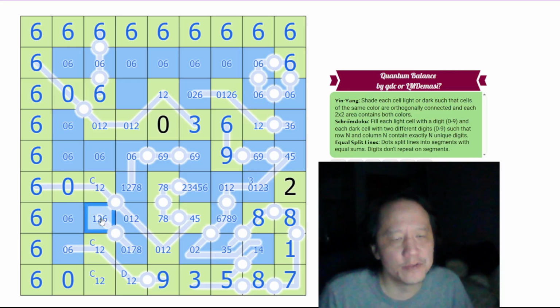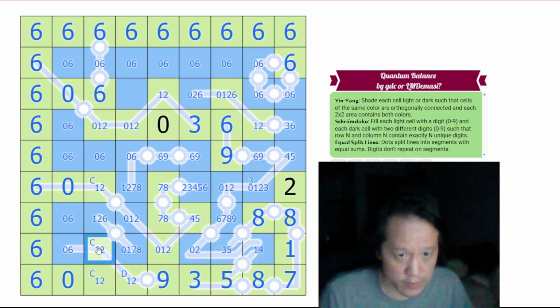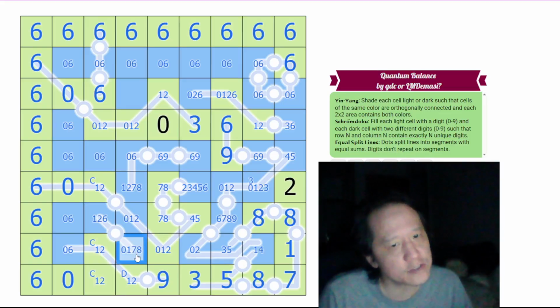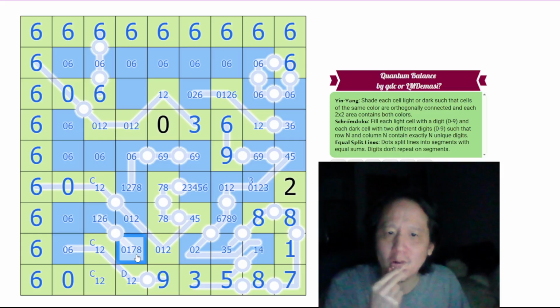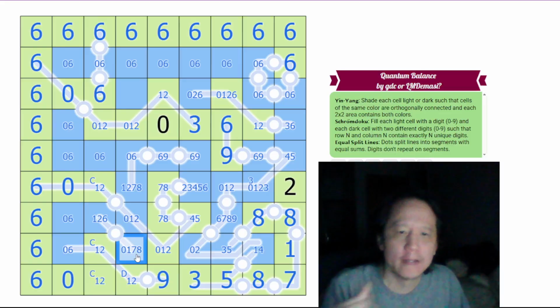Okay, we know this is 6 plus C. That adds up to whatever this digit is. Well, actually, what doesn't add up to that digit? Not guaranteed.